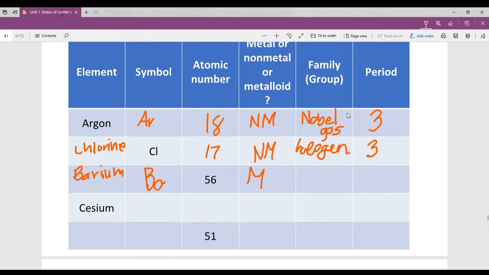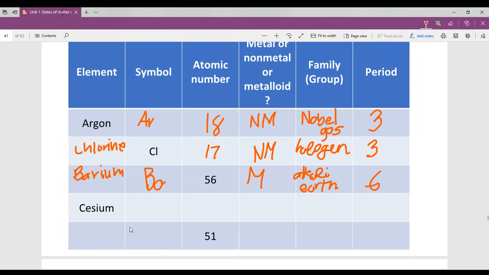Family, and then it is group number 2. Okay, 2A, and the name is alkaline earth. And then it is in period 1, 2, 3, 4, 5, 6.